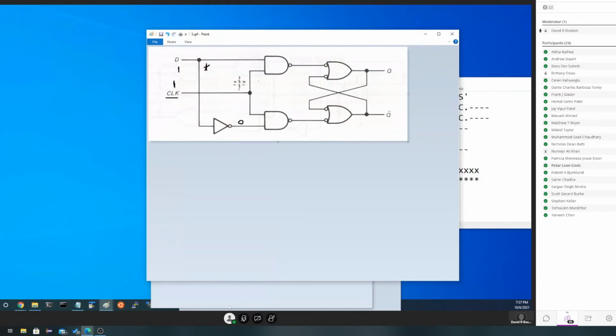Now, if there's a 1 here, that means there's a 1 on that. There's a 1 on that. We know the 1 that was on D is here. It's also here. Now, this guy has a 0 on his inputs.